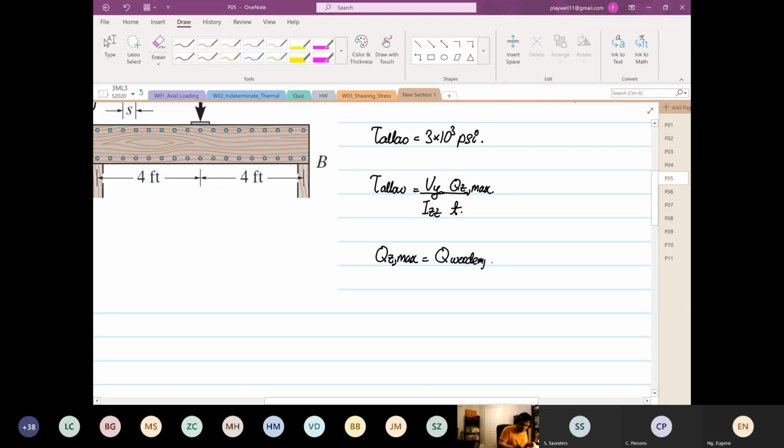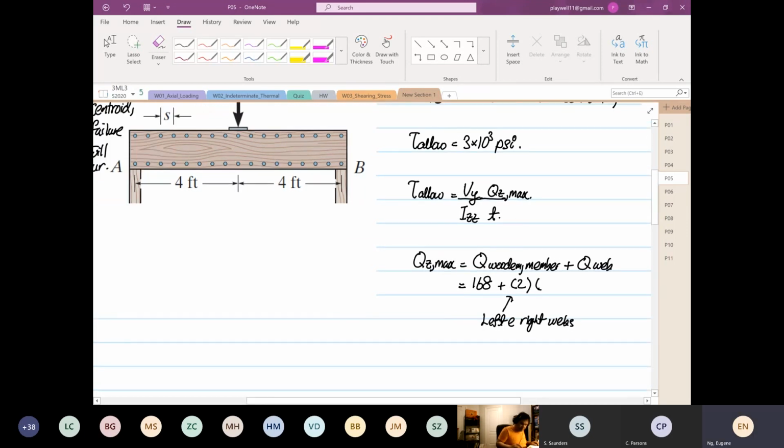Okay, and the Q of the wooden member we have calculated earlier is 168, plus 2 times the web. The 2 is because of the left and right web. So the width is 0.5 inch.